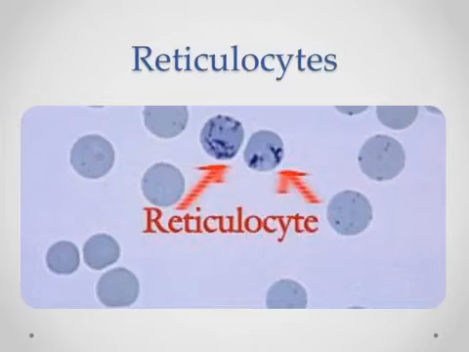But if the retics count is depressed, or the retics production index is less than 2, this occurs in case of ineffective erythropoiesis, like in myelofibrosis, myelodysplastic syndrome, and megaloblastic anemia.